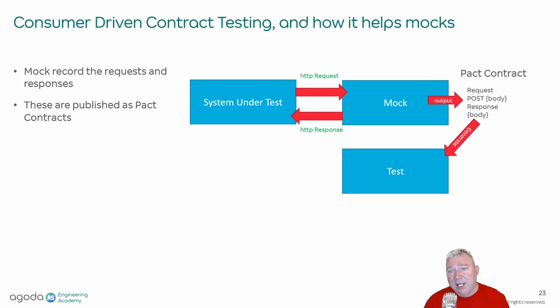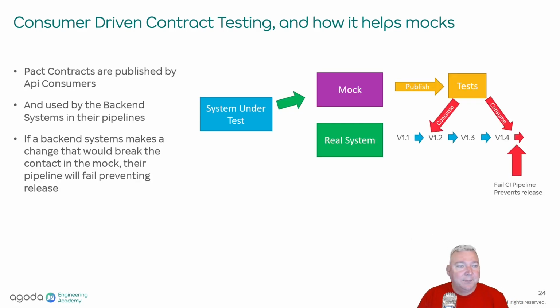So the way Pact works is you essentially have a Pact contract which can produce a mock and a test. And to build these, it's a nice flexible framework. Sometimes you can start with the mock and generate the contract and test, or start with the test and generate the contract and mock. So essentially you have a test that is kept in sync with the mock that can then be run on a back-end system to validate the assumptions in the mock.